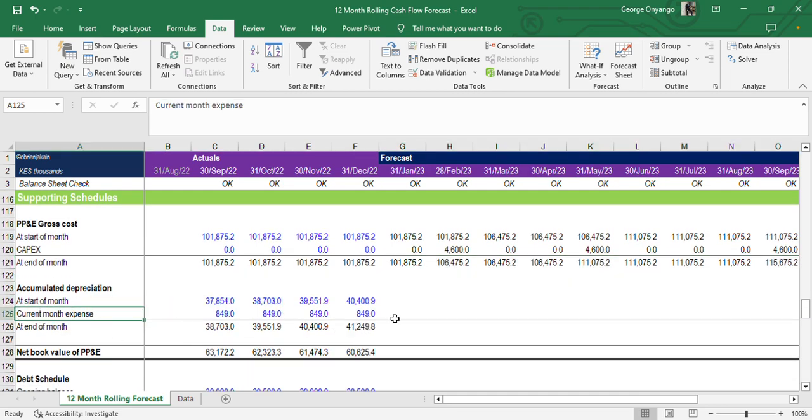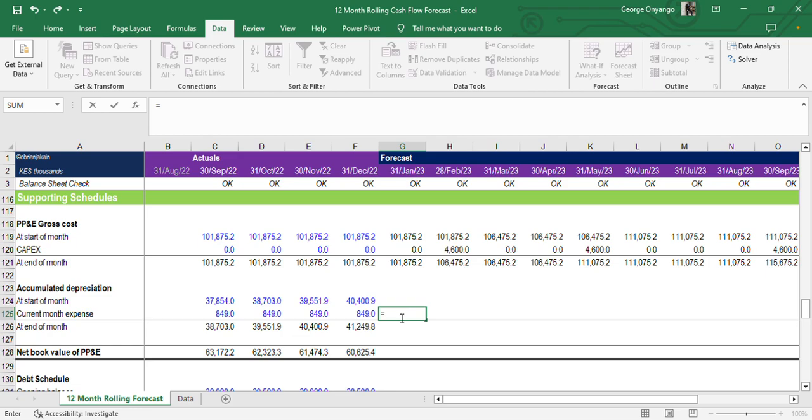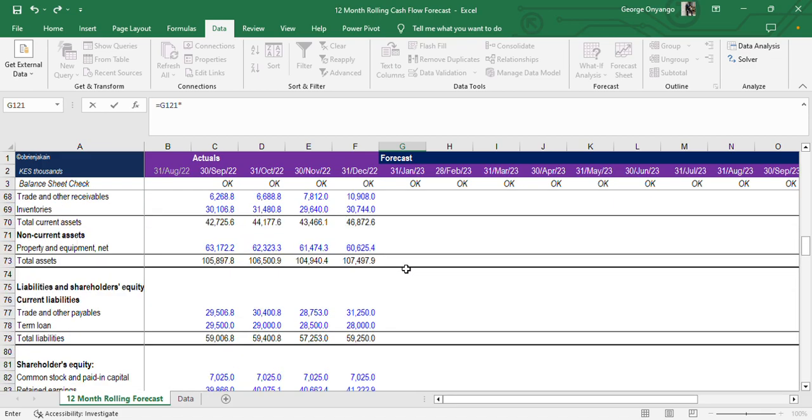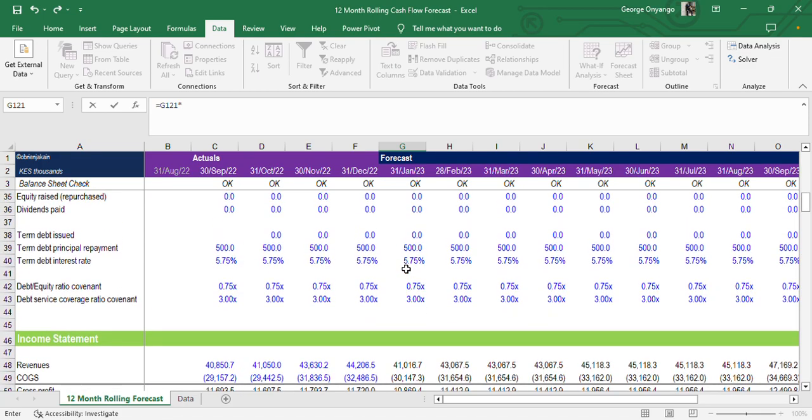We also have here, we can now calculate the accumulated depreciation each month. The depreciation is 10% of that, and multiply by 10 here.